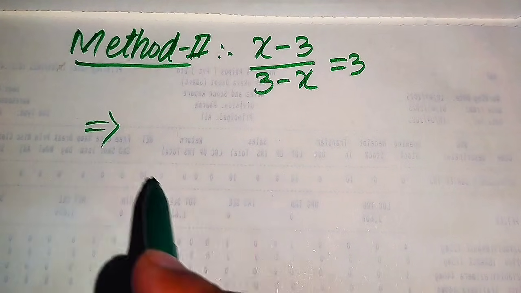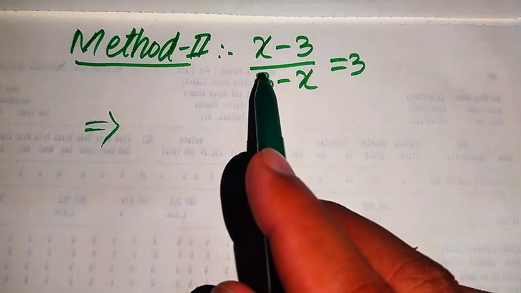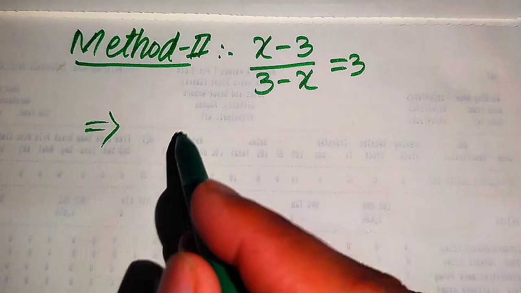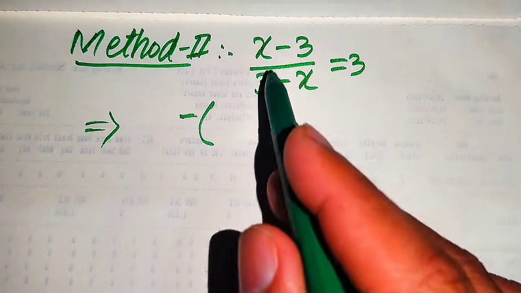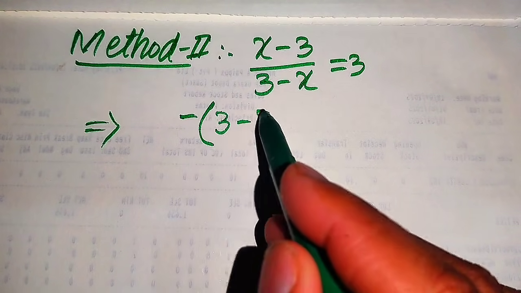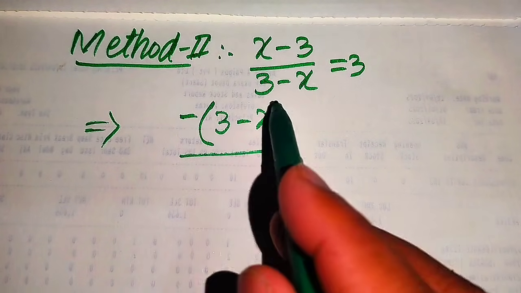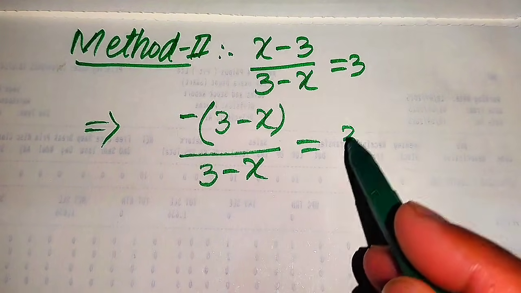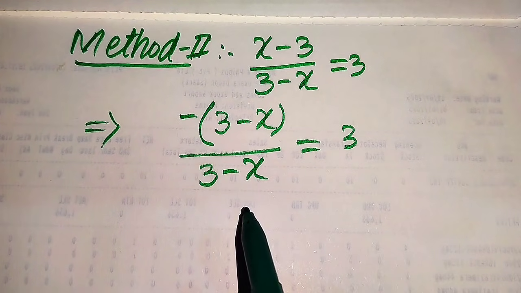In this method we need to take a common negative sign from the numerator. Here you see this is x minus 3, and when we take the common minus sign from here we get minus (3 minus x) divided by 3 minus x equals 3.